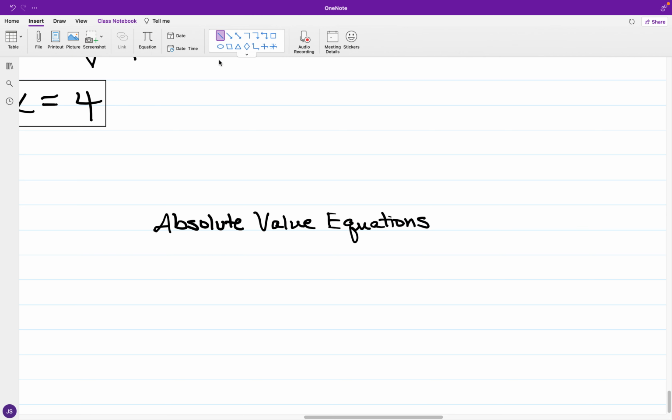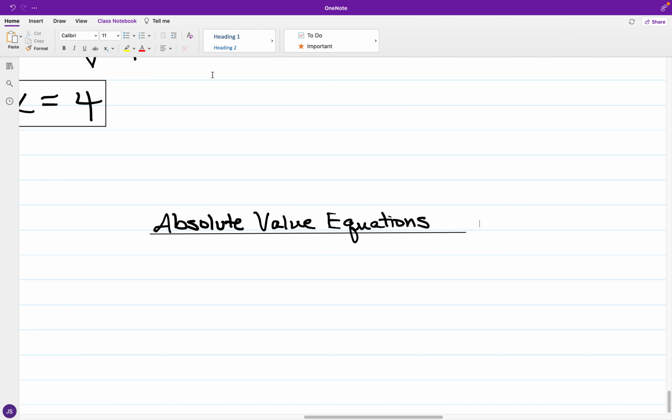And for absolute value equations, okay, just some of the notation here.